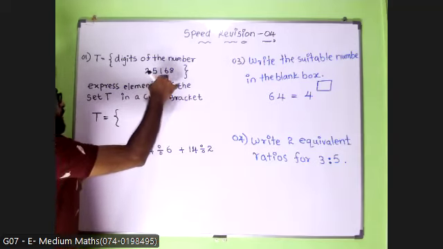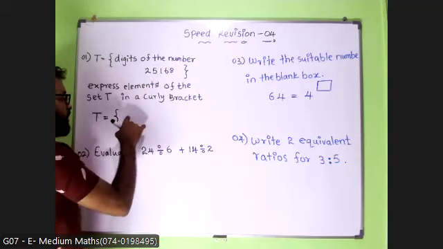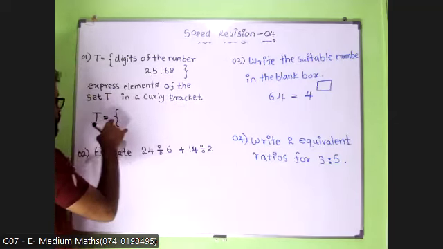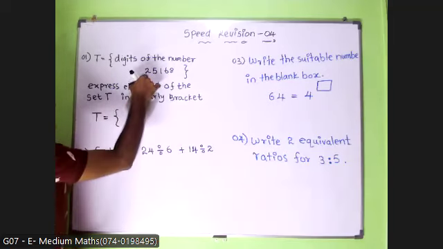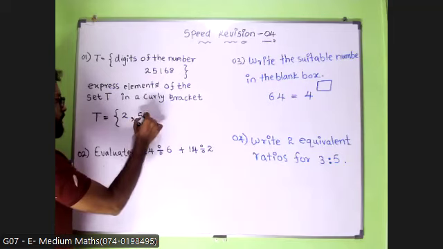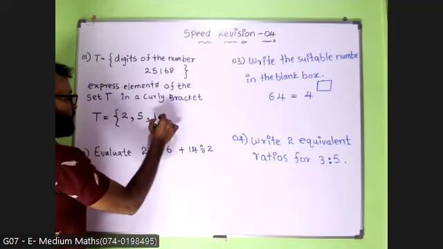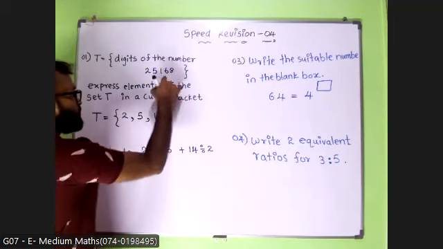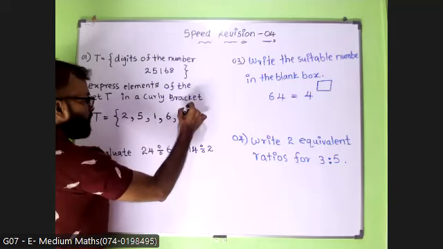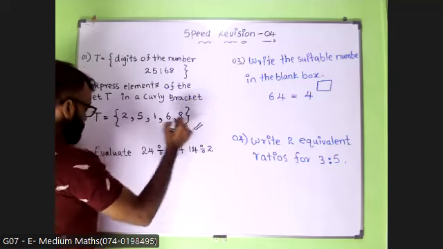No element can be repeated, only unique elements should be written. So T equals open curly bracket, 2, comma, 5 is an element, comma, 1 is an element, comma, 6 is an element, comma, 8 is also an element. Then close bracket. This should be the answer.